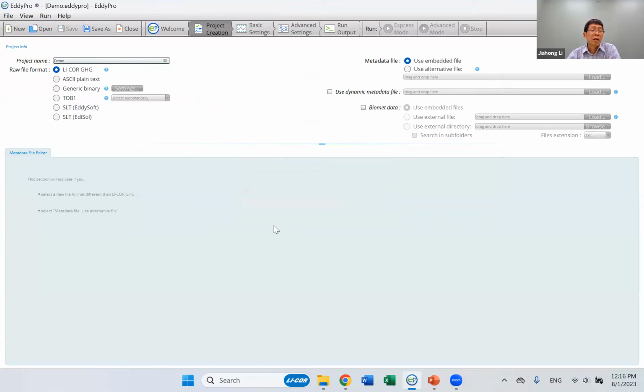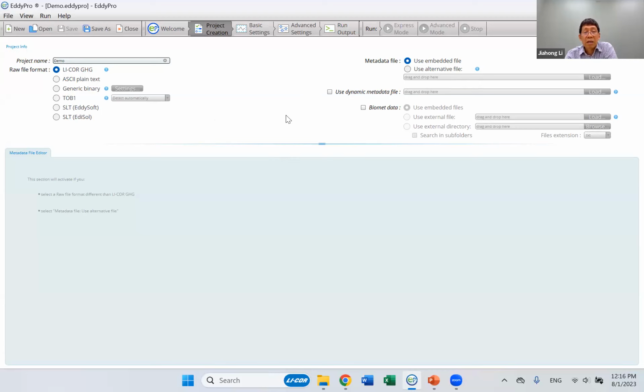So the sample data we're using are in the GHG format. If you have another raw file format, you can select from the list that you see here. The GHG files already contain metadata files, so EddyPro automatically selected use embedded metadata file.